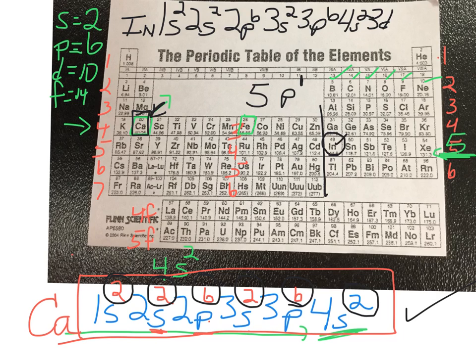Then 3d, remember d can have up to 10. And then 4p6, very good. 5s2. 4d10. I'm going to write it over here. 4d10. And then 5p1, because that's where we're stopping, right? And that's your electron configuration for indium.